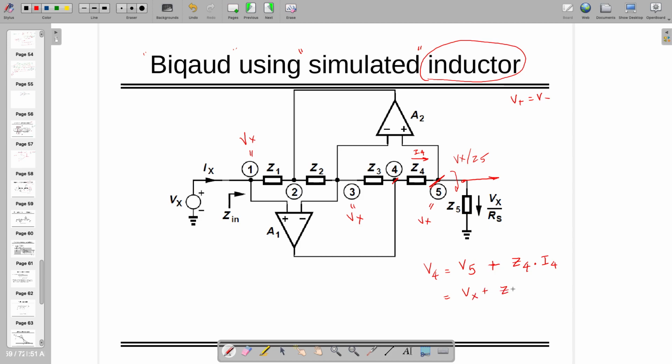This current cannot go inside, so both sides the current will be the same, and how much is it? Vx by Z5. Now move further and find out. Reach till here. Use KCL, KVL and find out. The solution is already given in the book, but you try.